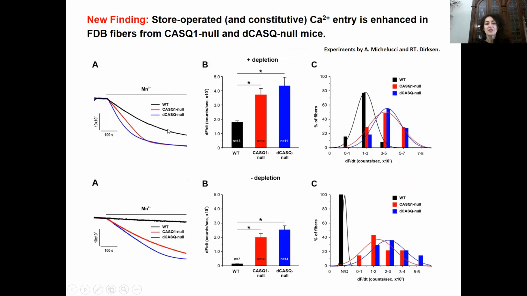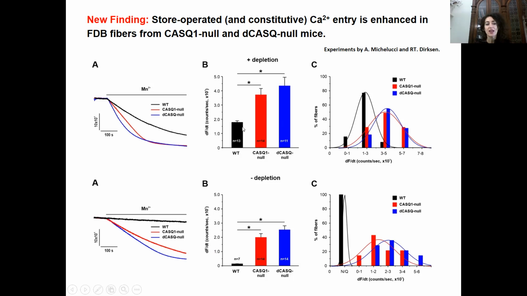To confirm that the presence of pre-assembled calcium entry units at the I band enhances SOCE, we again performed the manganese quenching experiments. The experiments were carried out following SR depletion, these 3 panels up here, and without depletion, 3 panels down here. Following the store depletion, fibers from calsequestrin 1 null and double calsequestrin null mice display a significant increase of quench after application of extracellular manganese.